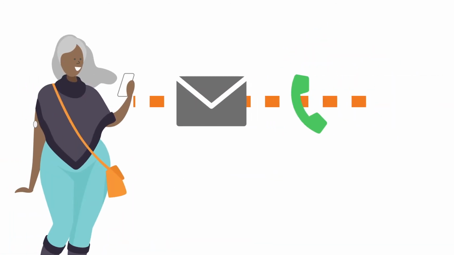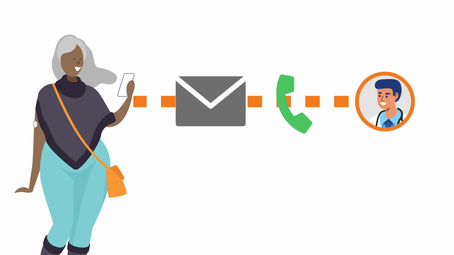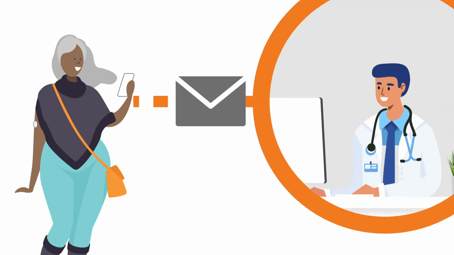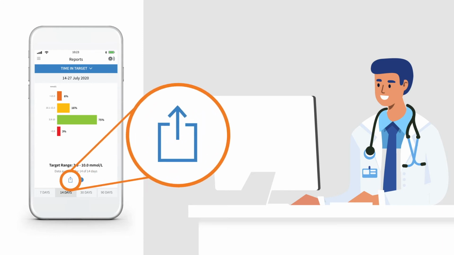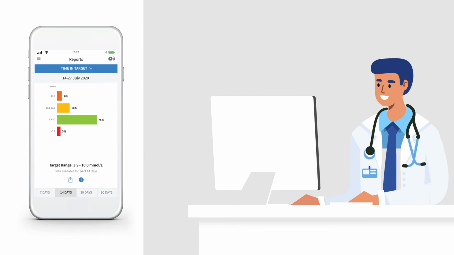If you don't have anything scheduled, but you have a question or concern about your readings, contact your provider to book an appointment. Remember, if your healthcare provider is not set up on LibreView, you can still share glucose reports using the Share button within your app, or simply show your reports on your phone at your next in-person appointment.